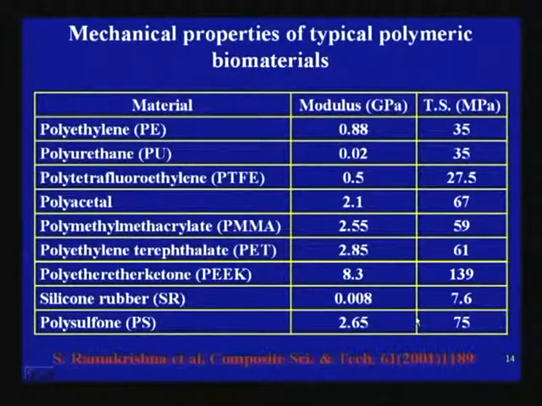Then you look at the polymers, the mechanical properties, say modulus and tensile strength, these properties are close to those of soft tissues, and mechanical properties of some composites can be brought very close to those of hard tissues.